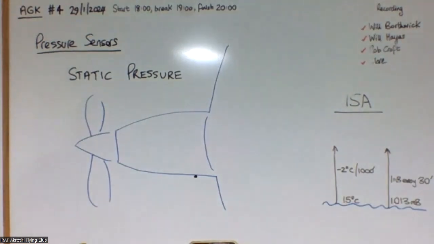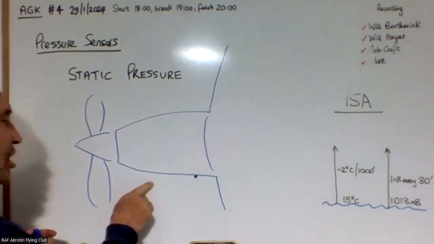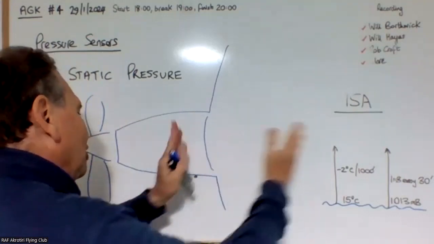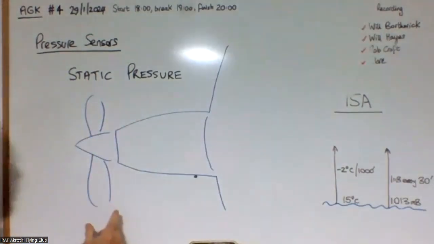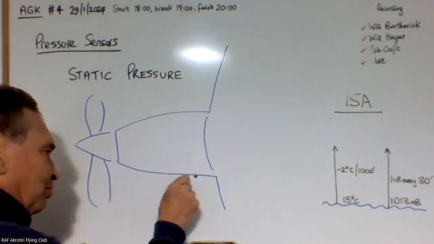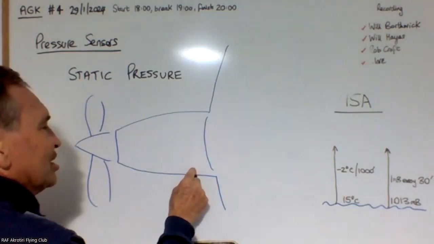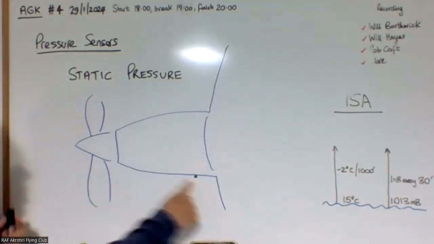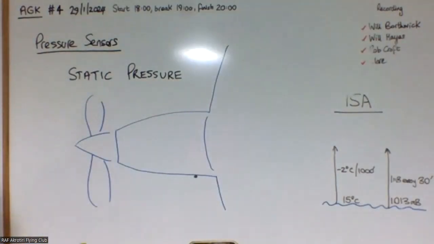And this isn't just true of light aircraft, it's also true of passenger jets and everything, where if you're moving through the air, the pressure here represents the outside ambient pressure extremely well and accurately.